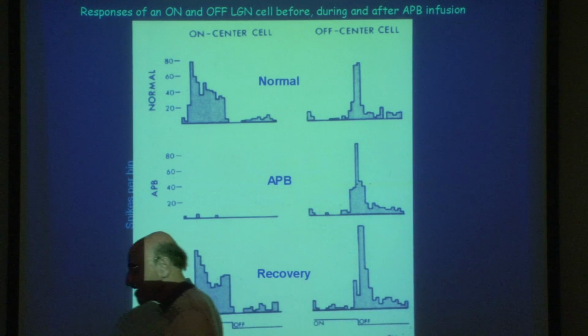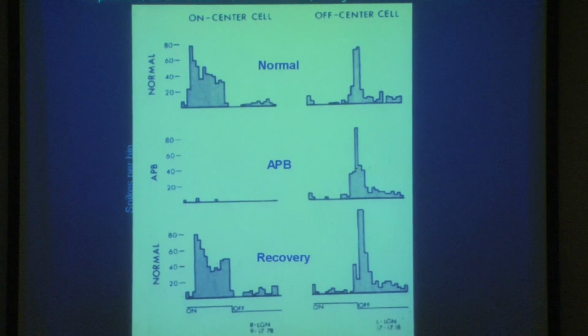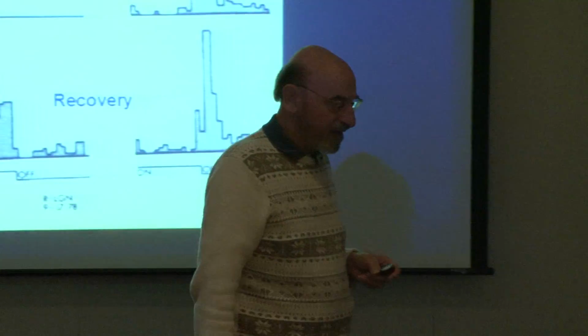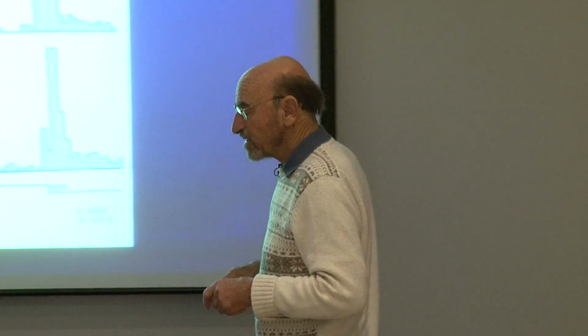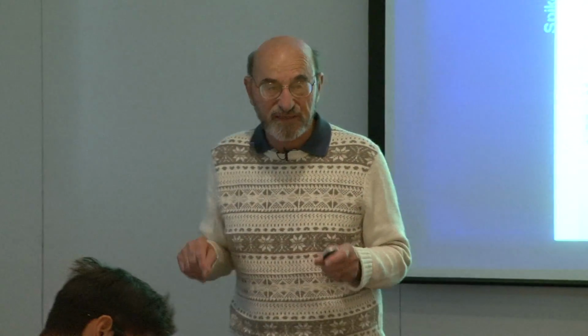So this then opened the gates to study what happens when you do these kinds of experiments in this case in monkeys, to determine what might be the function of these two systems.